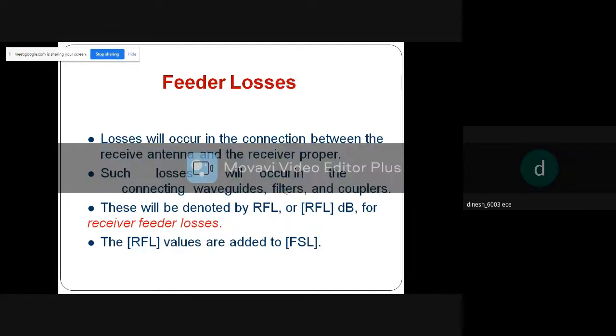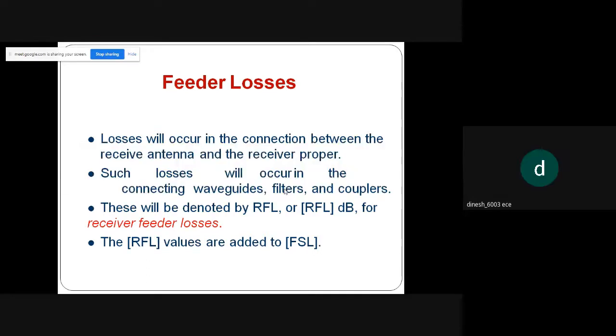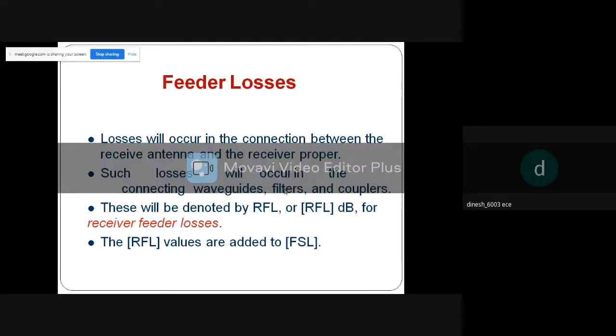This loss will occur in the places where we connect waveguides, two different waveguides, or waveguides with filters or couplers or any feeding points. This is denoted by RFL, measured in decibels. This RFL, or the receiver feeder loss, can be added with free space losses also.